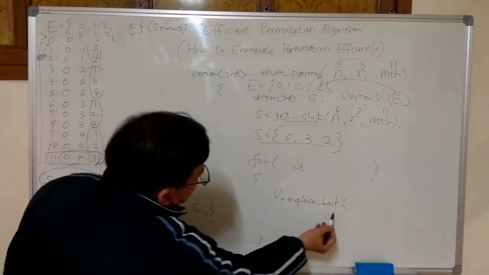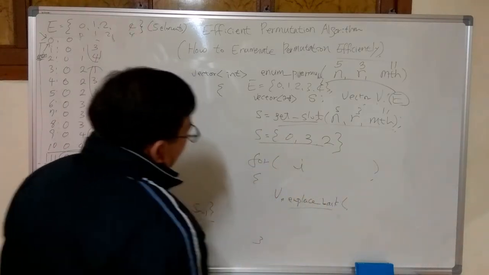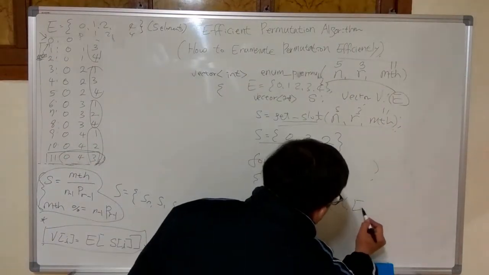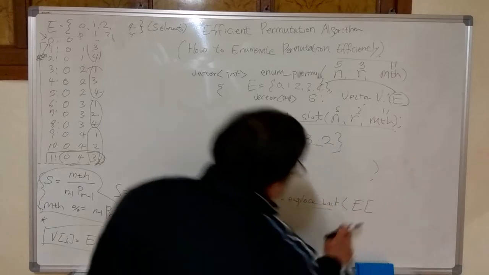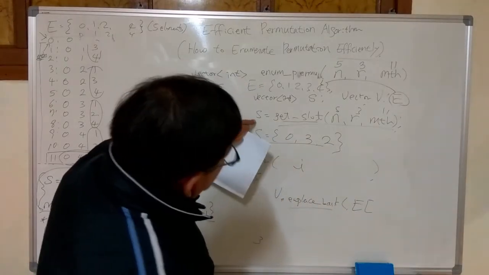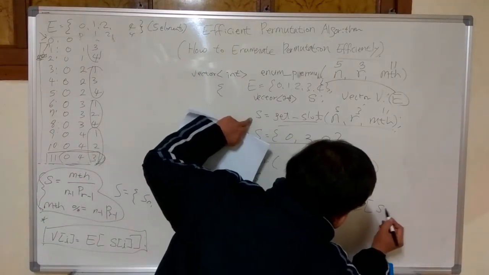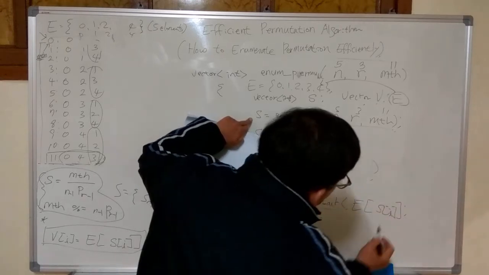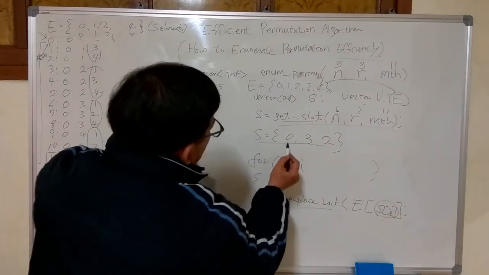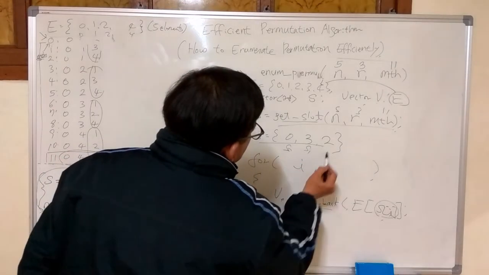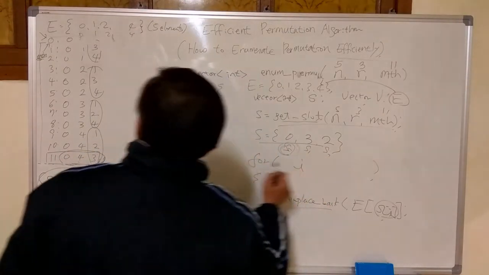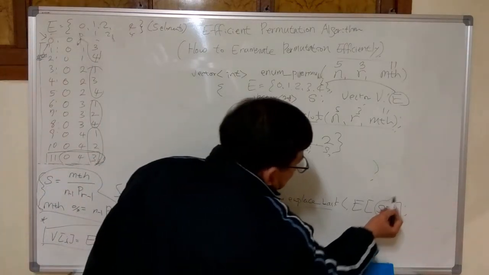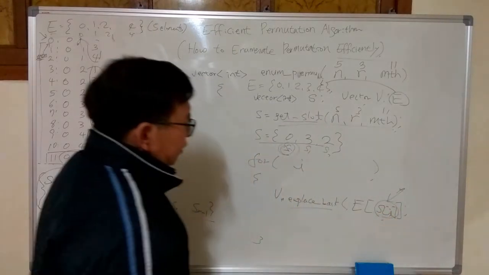We are putting this set's elements. How? This is E. We say E, and we are using this as index, S I. So using this set, these elements S0, S1, S2, we are using this as the index of this vector.